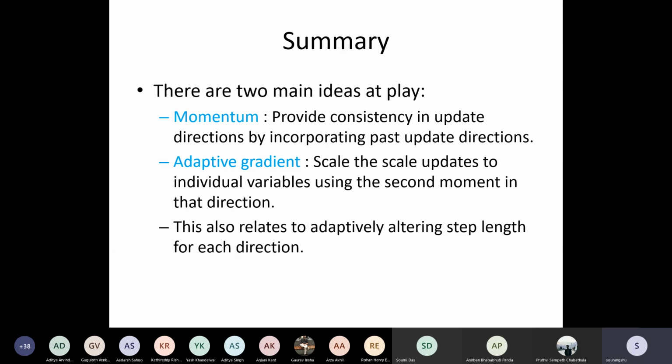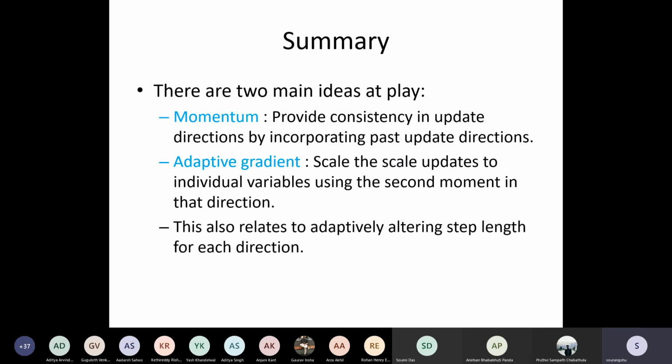The second important idea is adaptive gradient, which scales the updates to individual variables using the second moment in that direction. It is called adaptive gradient because it adaptively alters the step length, by taking ideas from Newton's method.